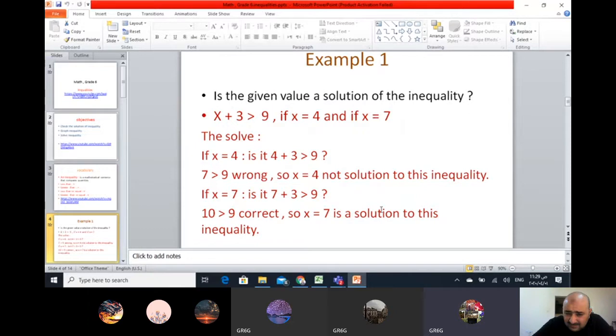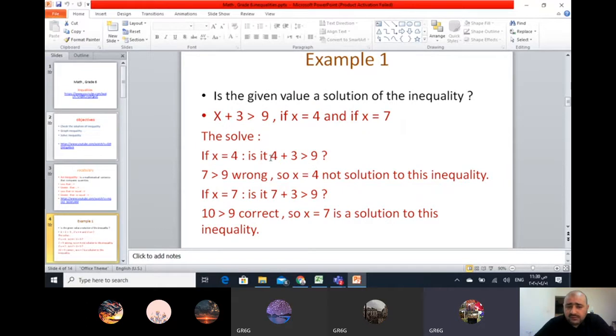This is the solution. It is all in the same lesson. This example is to check if I have any solution, is it true for this inequality or not? So we have two cases here. The first case, not a solution. The second case, yes, a solution. How to know it? We want to check. How to check? Suppose we have x equal to 4. So go back to the same inequality with the value of x equal to 4.